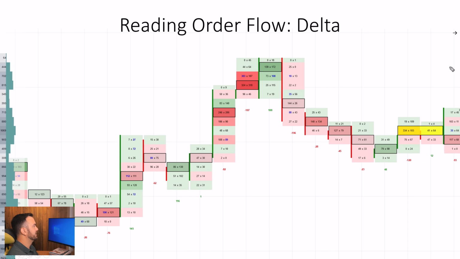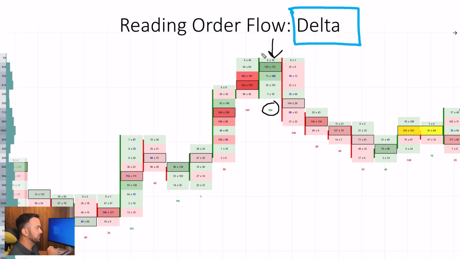Now, another very important thing here is delta. Very simply put, delta is the difference between buyers and sellers and shows who is stronger, whether buyers or sellers. If delta is positive, like for example in here, in this footprint, that means that buyers were in control in this footprint.